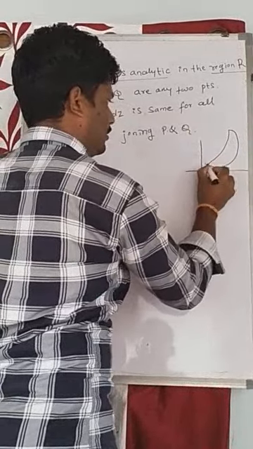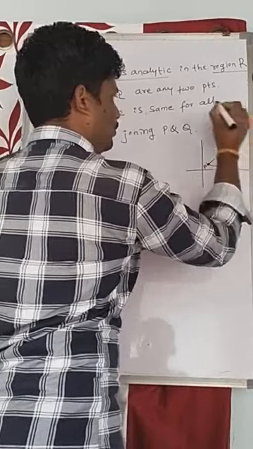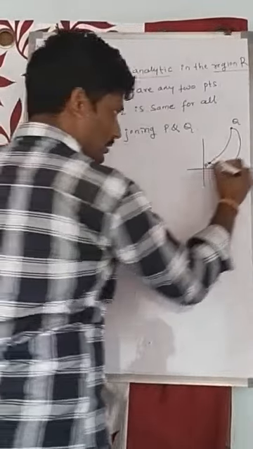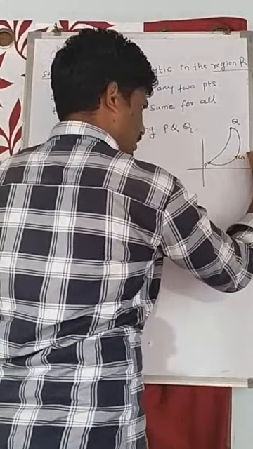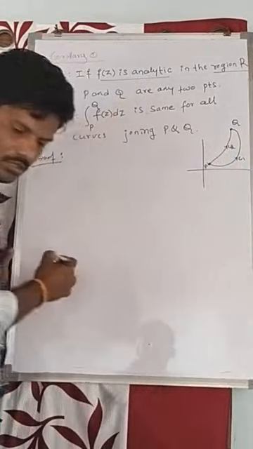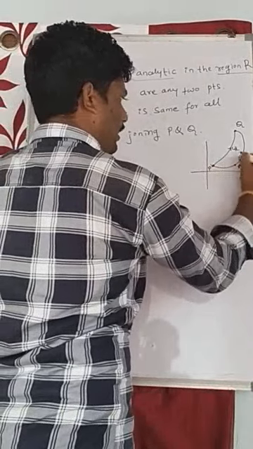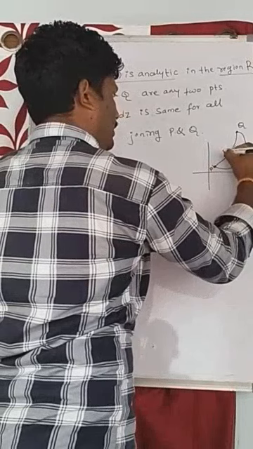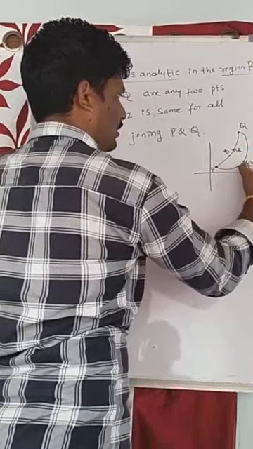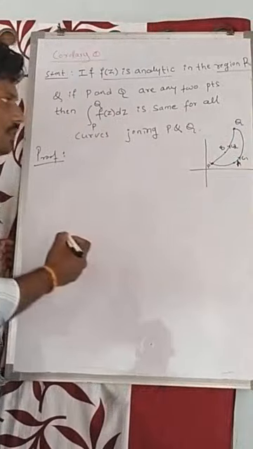This is the point P, this is the point Q. C1 and C2 are the two curves, with a point A on one and a point B on the other.